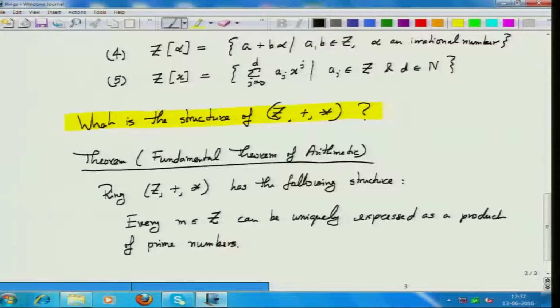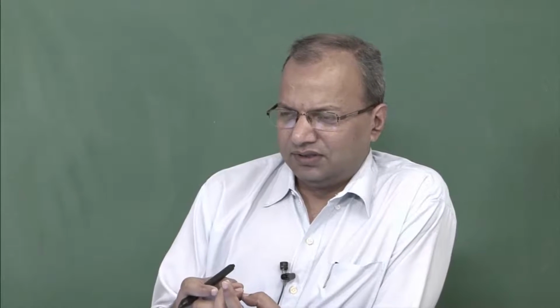This is something you have come across already, that every integer can be uniquely expressed as a product of prime numbers. So, what is the proof of this? Do any of you remember? Firstly, one has to define what prime numbers are, which are the numbers which have no divisors except 1 and the number itself.